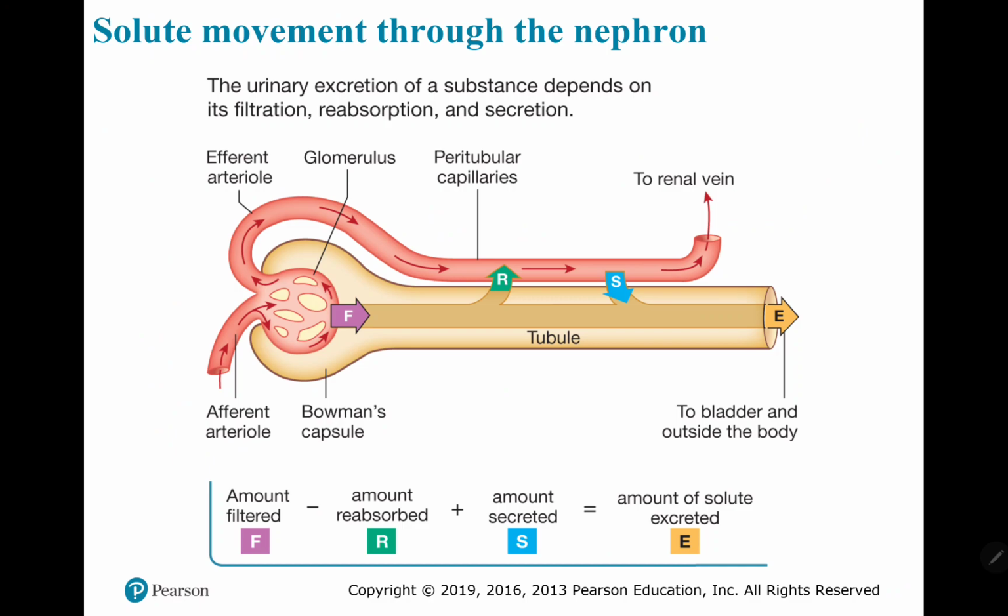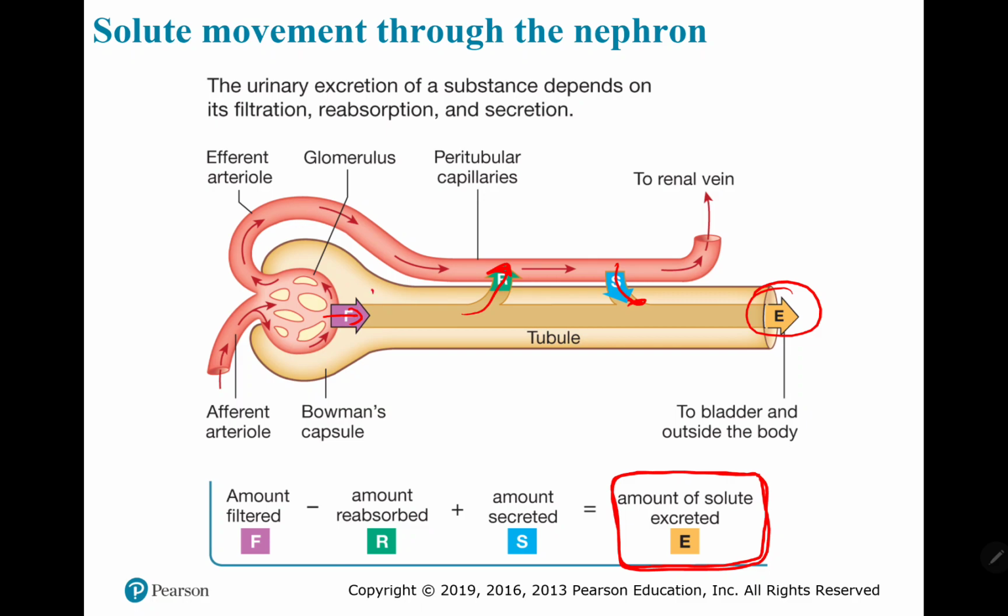So remember that equation that we talked about before. Excuse me. And I love this image because it shows filtration from the blood to the lumen. It shows secretion from the blood to the lumen. It shows reabsorption from the lumen back into the blood, right? But remember how to calculate the amount of solutes that is ultimately excreted from the body?